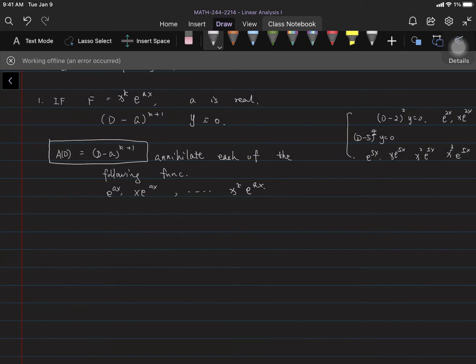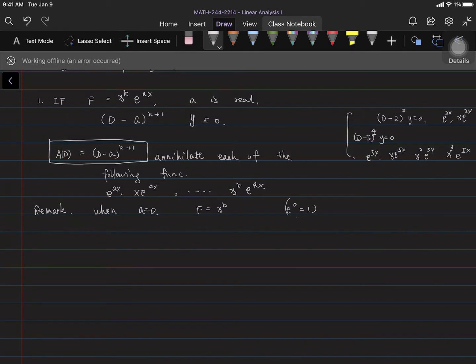So let's see. Okay, so here a remark: when a equals 0, that means the right side is just x to the power k, because e to the 0 is 1, right?